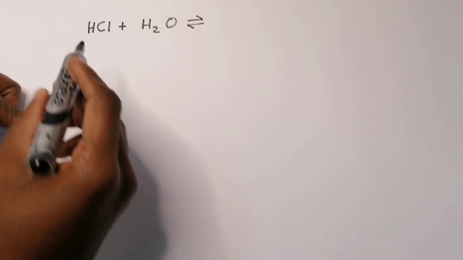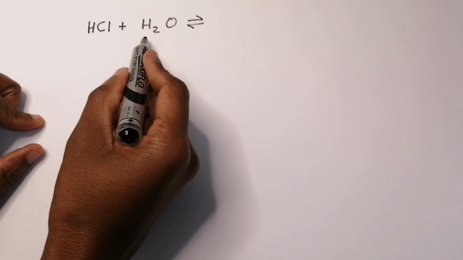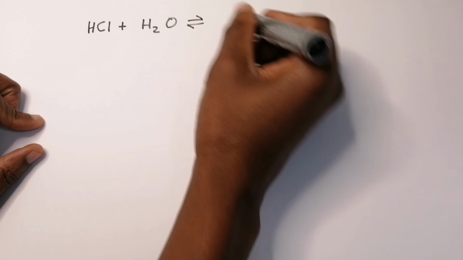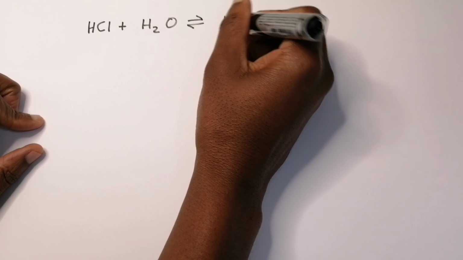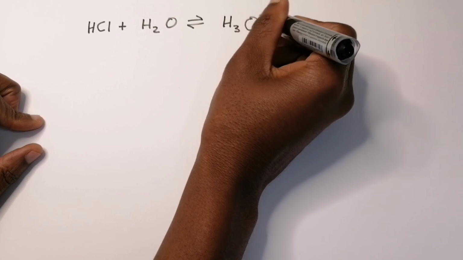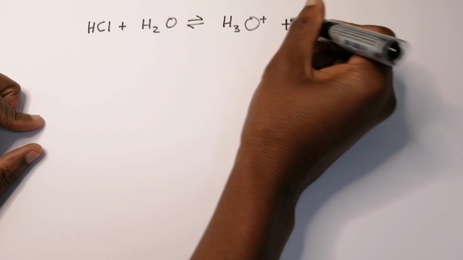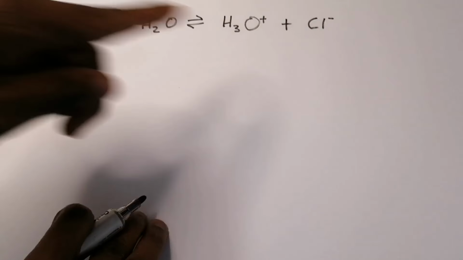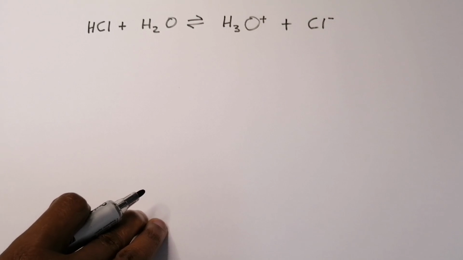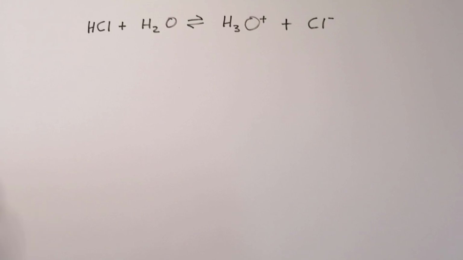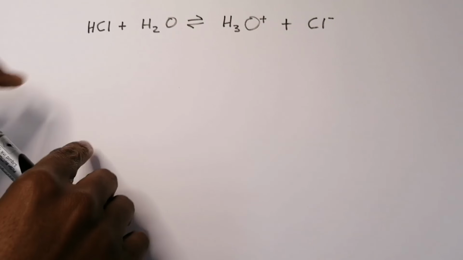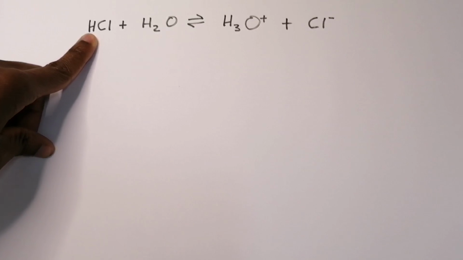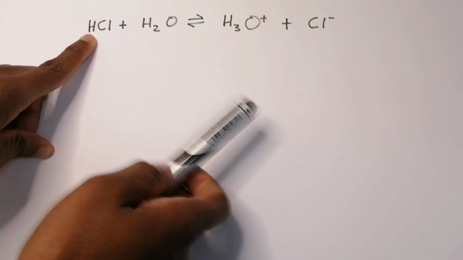So what type of reaction takes place here? We know we are going to get H3O plus ions, and I'm going to show you where this comes from, and Cl minus. You remember we said in this case we can identify the acid-base conjugate pairs. If you haven't seen this before, you should watch the previous video.